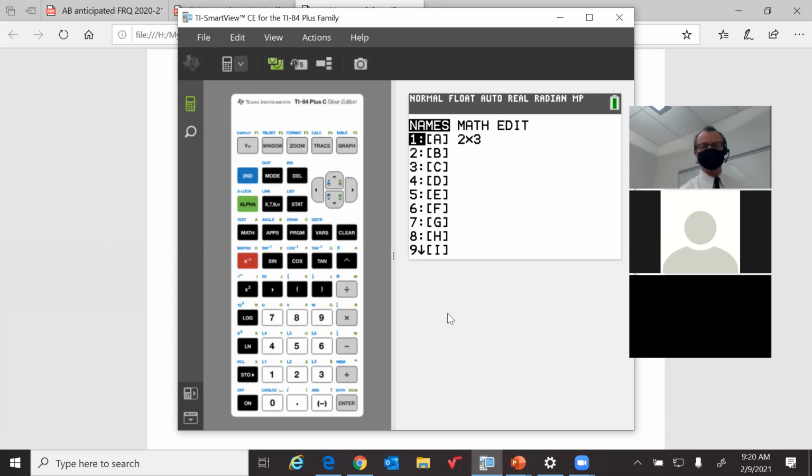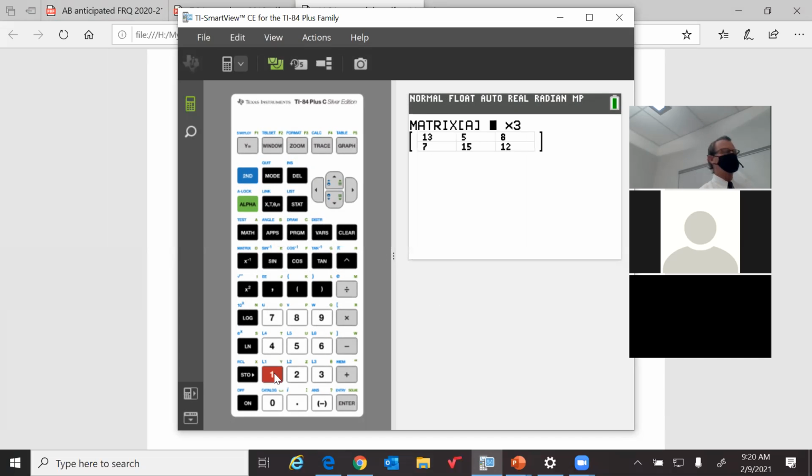And go over to edit and type 1. So in matrix A, this is why it's helpful to be good at the attendance challenge, because you have to put in the rows and the columns correctly. There are 2 rows by 3 columns in the textbook.